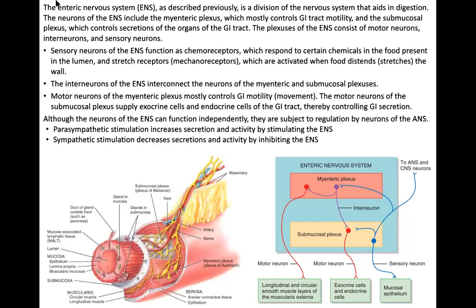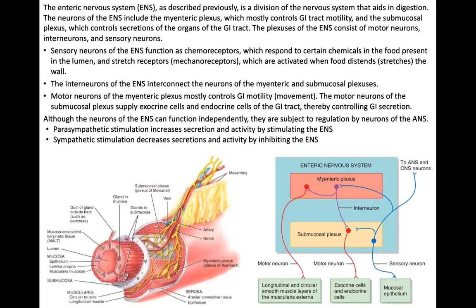Inter means between. Interneurons, as you can see here, connect or interconnect the neurons of our myenteric and submucosal plexuses. And then we activate motor neurons, which are going to send signals out to the muscles to cause them to contract, thanks to the myenteric plexus. The motor neurons from the submucosal plexus also cause secretions of the GI tract.